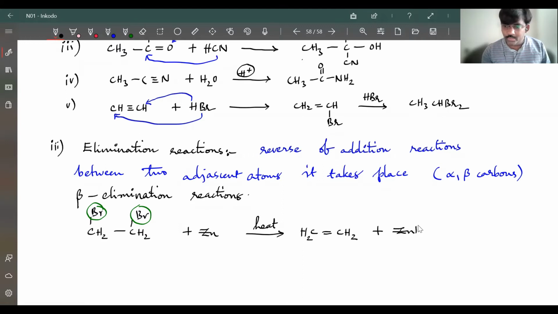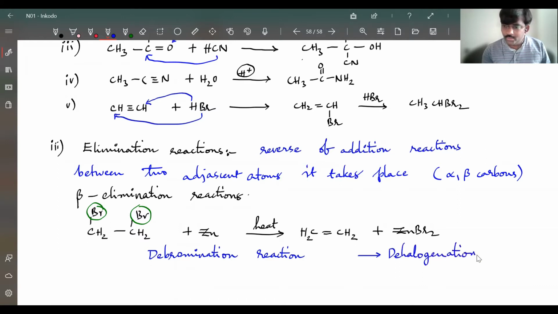So zinc bromide will come. Here I removed the halogens, and that's why we call this reaction debromination, or simply a dehalogenation reaction. In place of bromine, you can take any of the halogens.